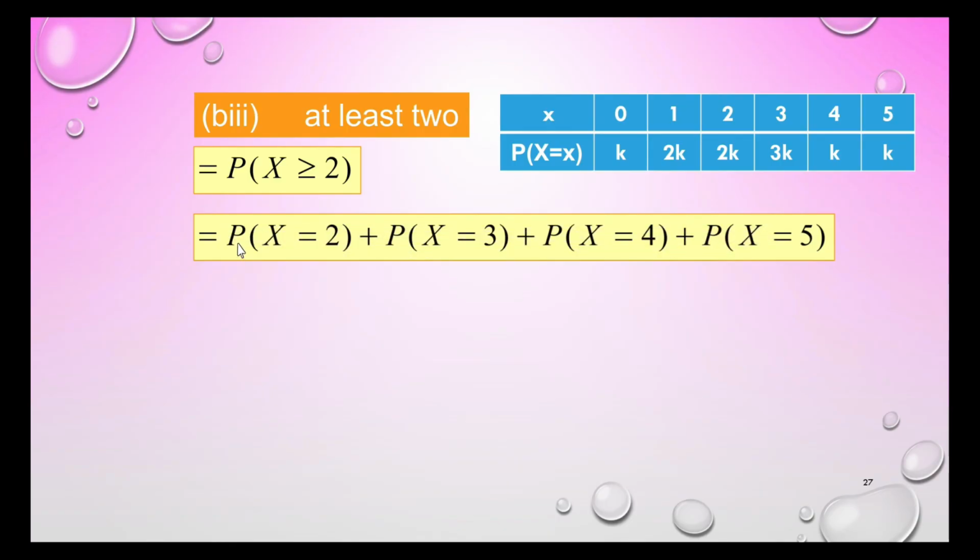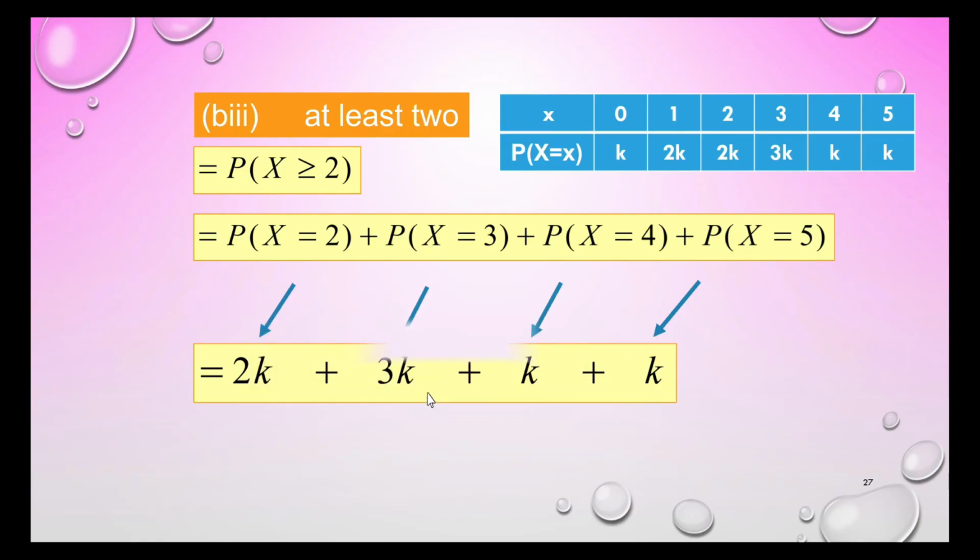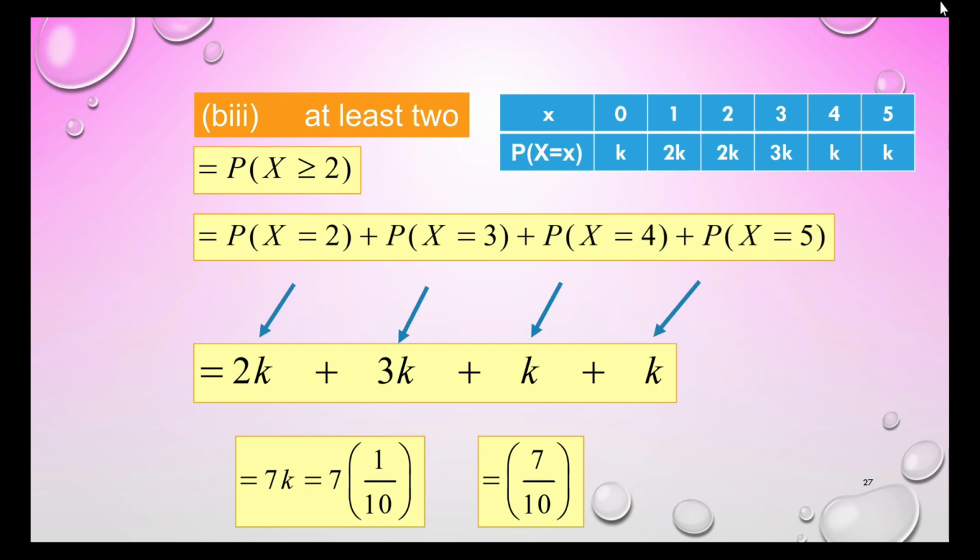And probability x more than or equal to 2 is probability x equal 2 plus probability x equal 3 plus probability x equal 4 plus probability x equal 5. Okay, from the table given, we have 2k plus 3k plus k plus k, and then we get 7k. We substitute k equal 1 over 10. And the answer is 7 over 10.